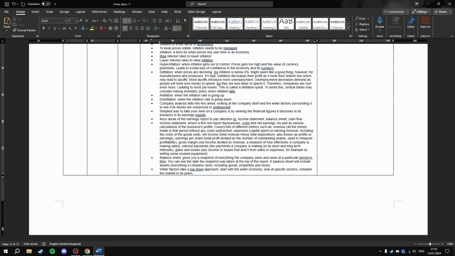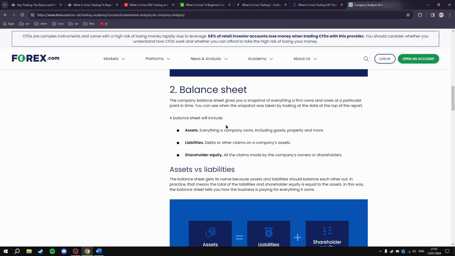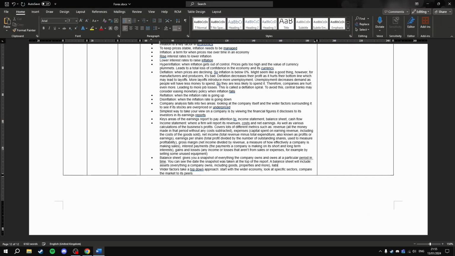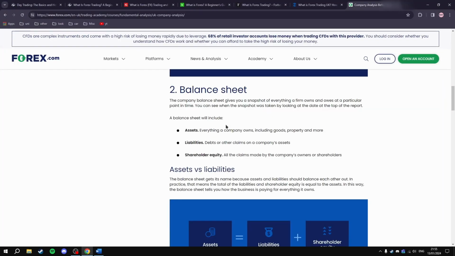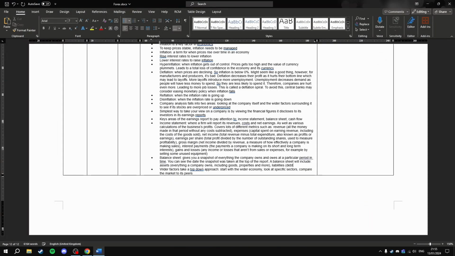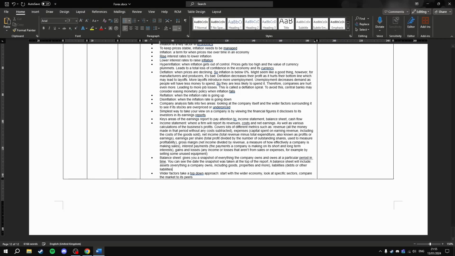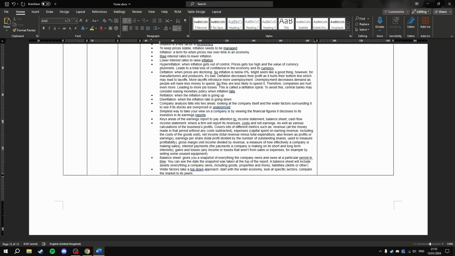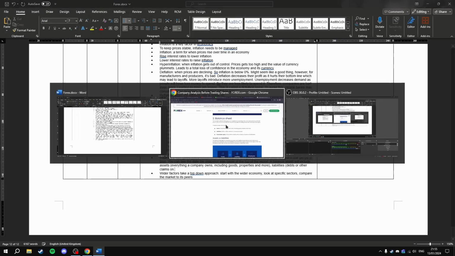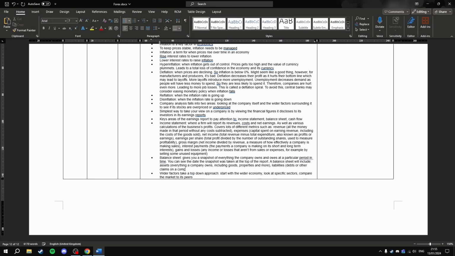So that could be like the people working there. Liabilities. Debts or other claims on a company's assets.